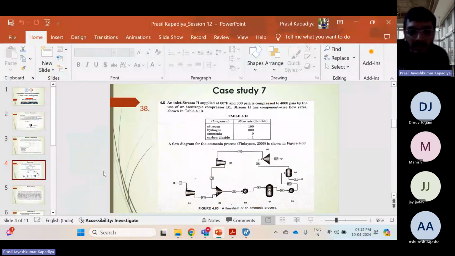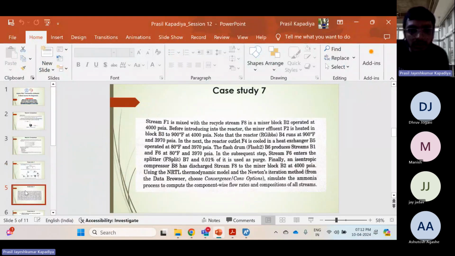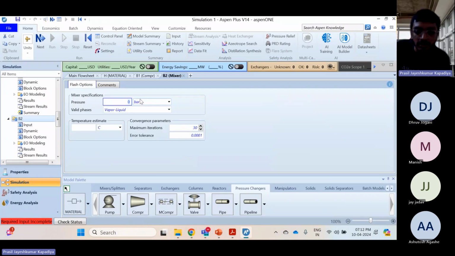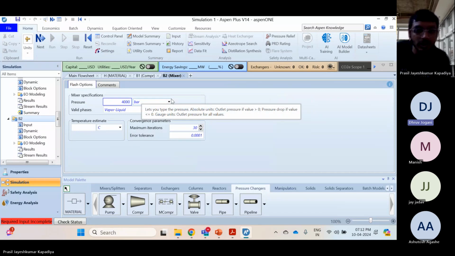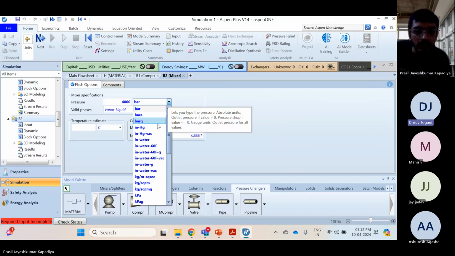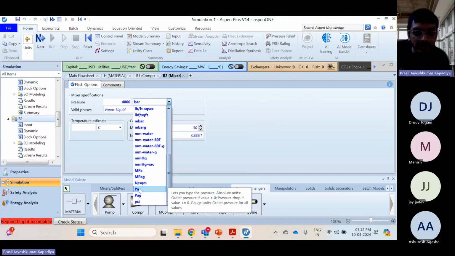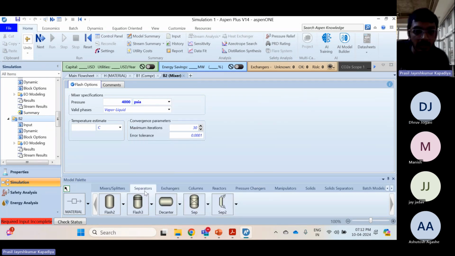Yes, it is operated at 4000 psi, block B2, that is the mixer. Could you show this part of the statement again? Okay, just give me a minute.